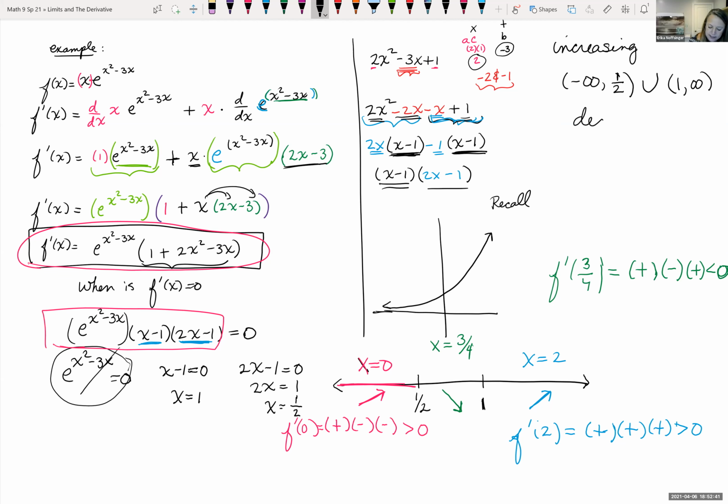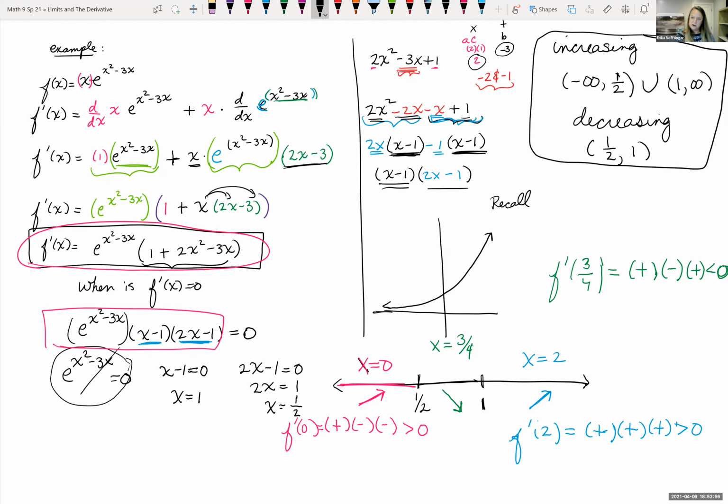And we're decreasing from 1/2 to 1. Those are the x values of the function where they're increasing and decreasing.